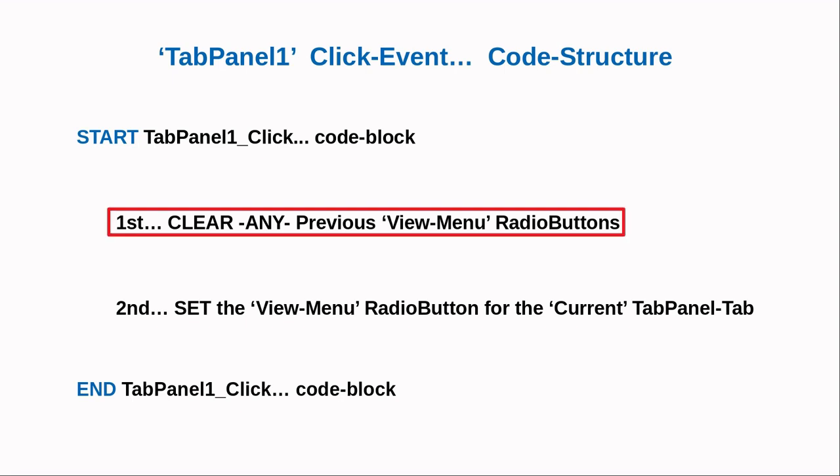Remember, first we need to deal with clearing all of the View menu's radio buttons before setting the currently active tab's radio button on the View menu. We need to do this before setting a View menu radio button because, as I explained earlier, one of the characteristics of a menu radio button is that directly setting the checked property through code can override the standard radio button exclusivity characteristic.